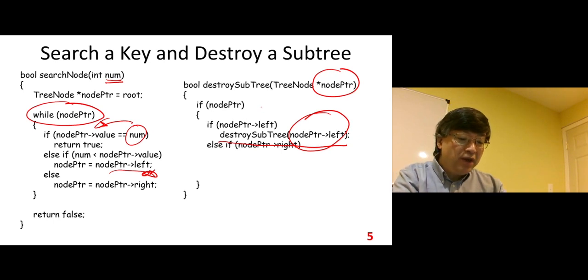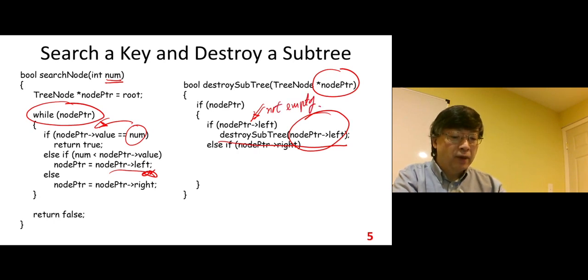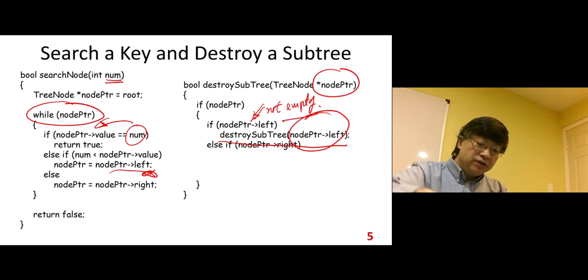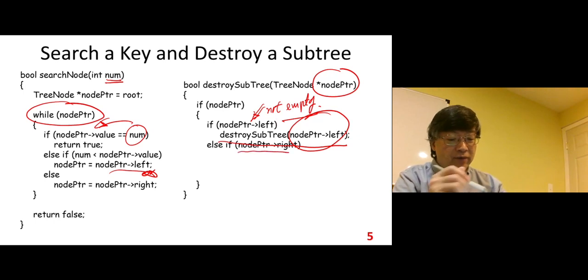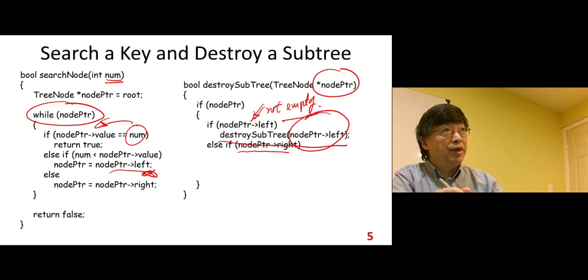Else, here it means the left node is not empty, right? If it's not empty, then you destroy the whole left subtree, using recursion. Else if it's empty, then you look at the right subtree, empty or not.